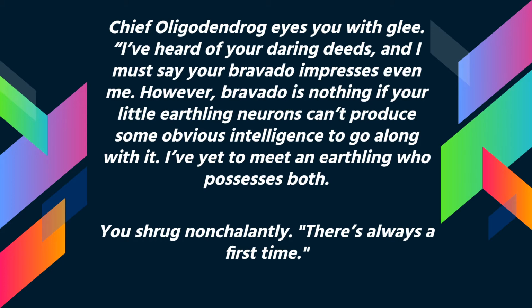I've heard of your daring deeds, and I must say your bravado impresses even me. However, bravado is nothing if your little earthling neurons can't produce some obvious intelligence to go along with it. I've yet to meet an earthling who possesses both. You shrug nonchalantly. There's always a first time.